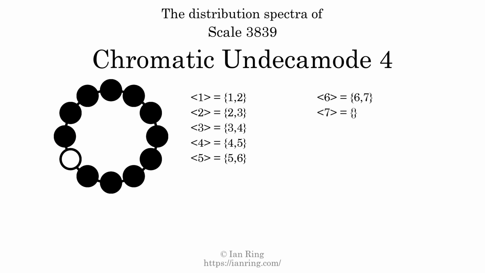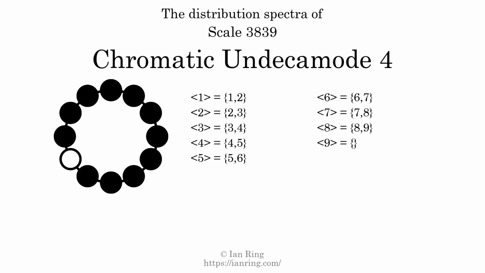The generic interval of 7 scale steps comes in two different specific interval sizes: 7 semitones and 8 semitones. The spectrum width of this generic interval is 1. The generic interval of 8 scale steps comes in two different specific interval sizes: 8 semitones and 9 semitones. The spectrum width of this generic interval is 1.